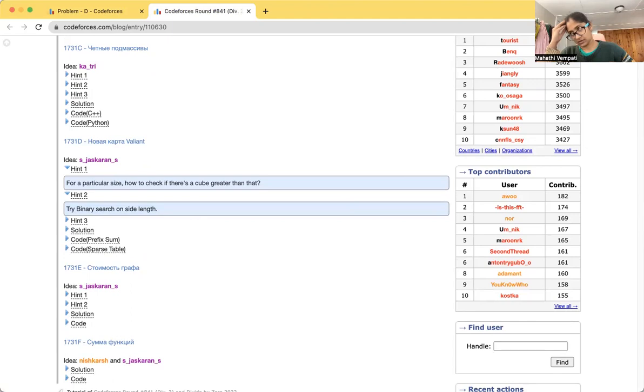Oh my god, this is just like... yeah, that's true. It's like a binary search thing. Oh shit. Oh my god. Yeah.